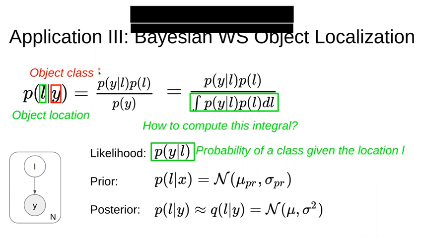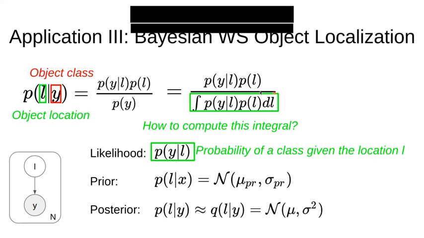And for doing that, we use a Bayesian approach where we sample the likelihood of a certain class given a certain location. We multiply this by a prior of the probability of each location in an image, and we divide by the total probability of a given class.